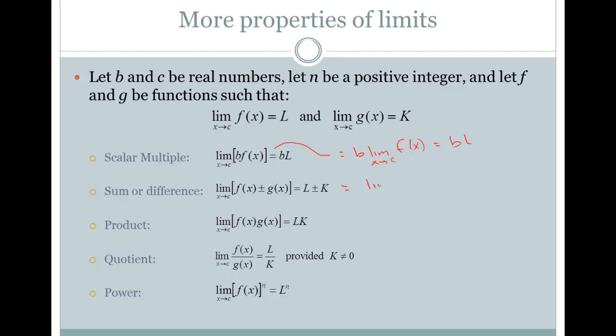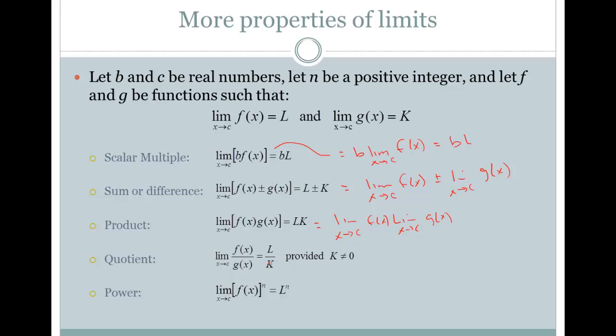I can write this as the limit as x approaches c of f of x plus or minus the limit as x approaches c of g of x. And we know that this limit is L, this limit is k, so it's L plus or minus k. Same thing here. I can rewrite this as the limit as x approaches c of f of x times the limit as x approaches c of g of x, and that's just L times k.